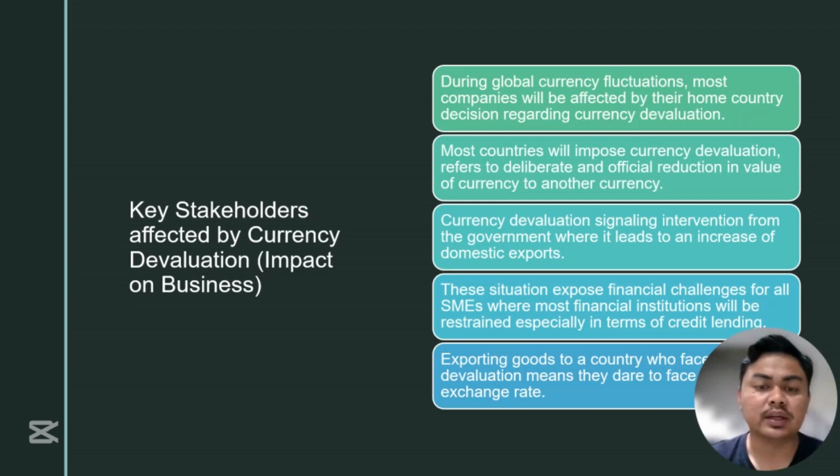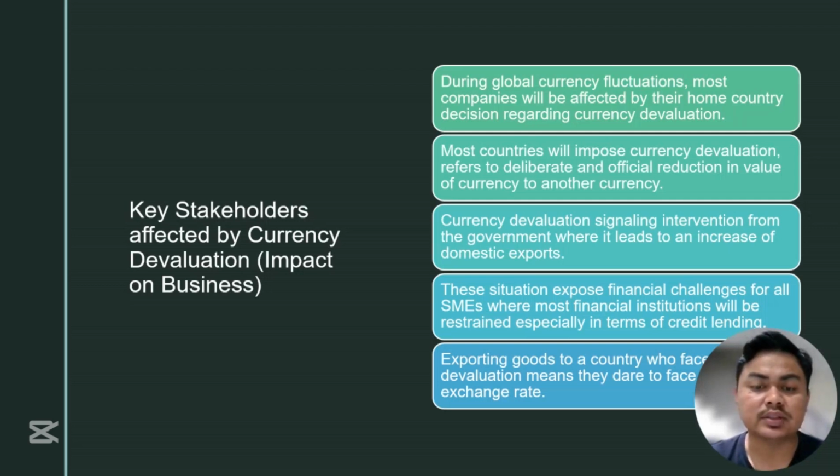In the simplest way, when the value of collateral asset has been reduced, it is not a good signal for the company to secure any financing. However, different sizes of company will take different approaches to cater to any problem arising from the currency devaluation itself.